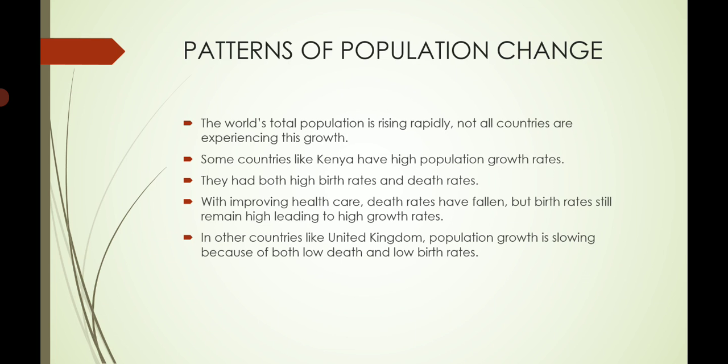Some countries like Kenya have high population growth, as they have a high birth rate and lower death rates. With improving healthcare, although the death rate has fallen, the birth rate still remains high, which leads to a high growth rate.